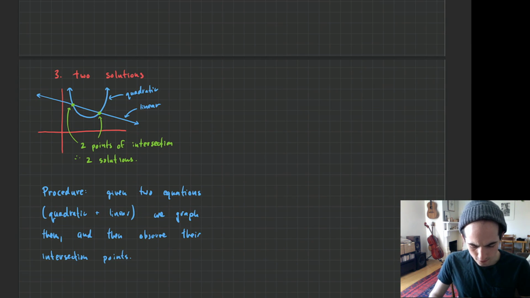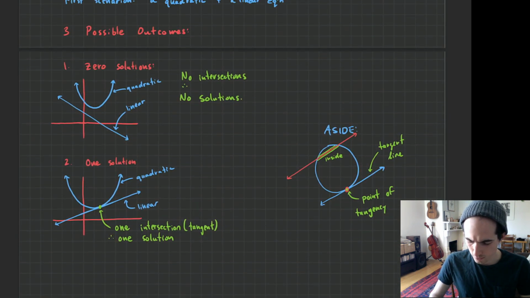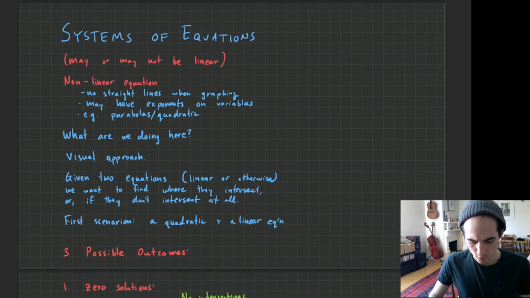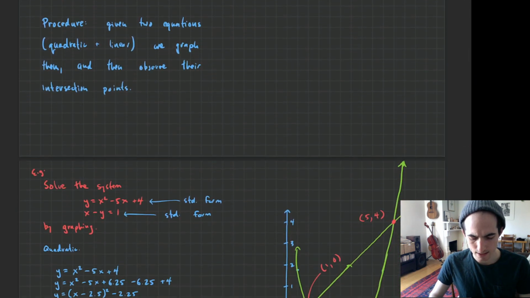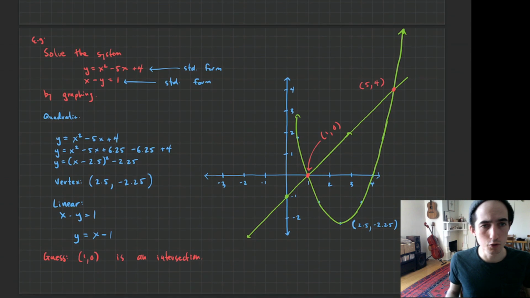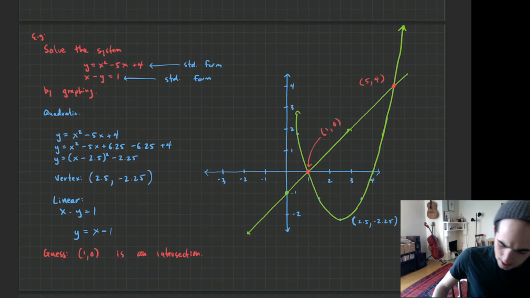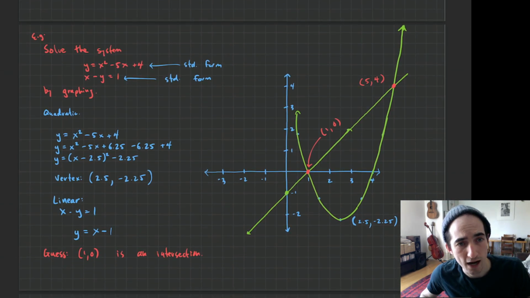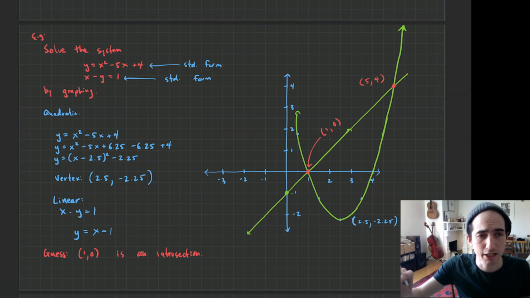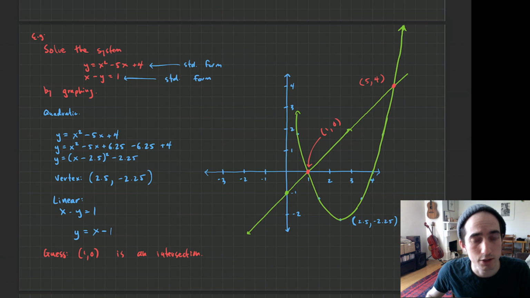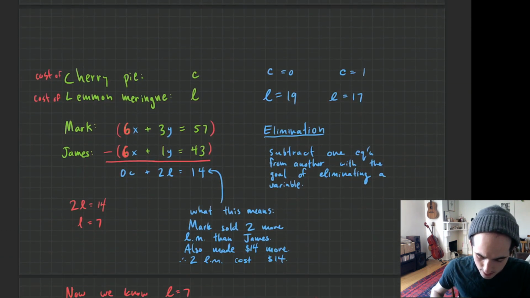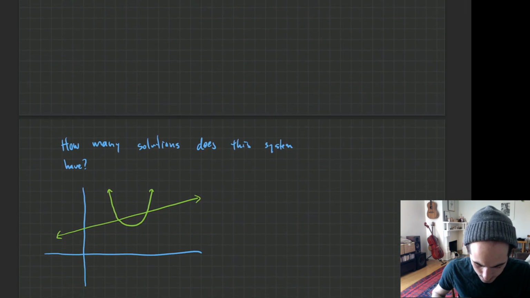So far, the way we've been looking at it is through graphing. So we've been looking at being given two equations and drawing their graph and associating the intersection points with a solution to that system. So that's what we've been doing.